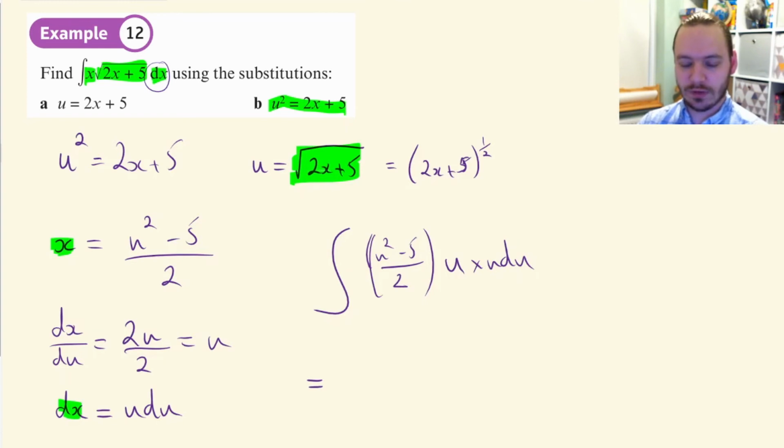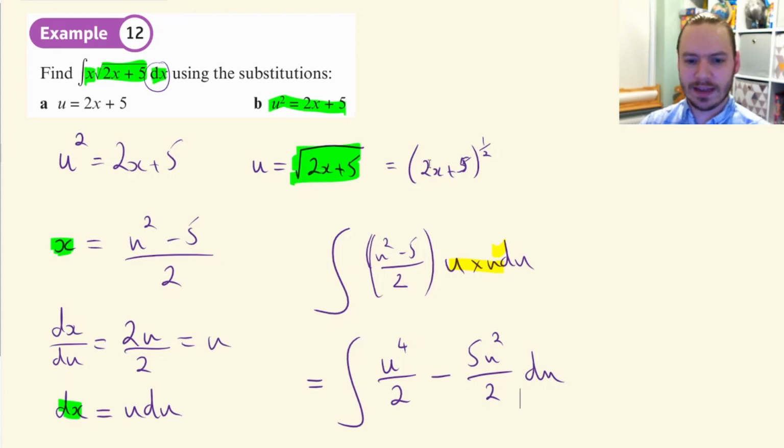So I've got a u squared out here. So I just need to expand those brackets, multiply everything by u squared. So this is going to be the integral of u to the power 4 over 2. I'm actually going to separate these two terms out now because it will make the integrating more straightforward. Minus 5u squared over 2 du.